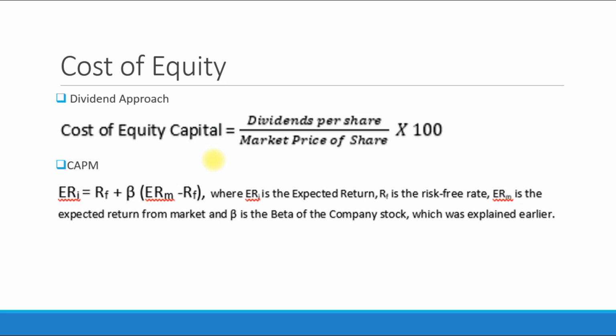The following formula is used to calculate expected returns from CAPM: ER of i is equal to RF plus beta into ER of M minus RF, where ER of i is the expected return, RF is the risk-free rate, ER of M is the expected return from the market of shares which get sold in the market, and beta is the beta of the company stock, which was explained earlier.